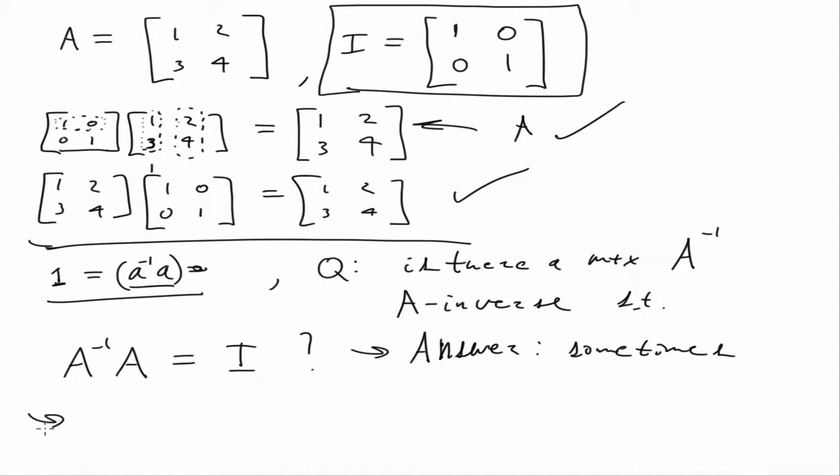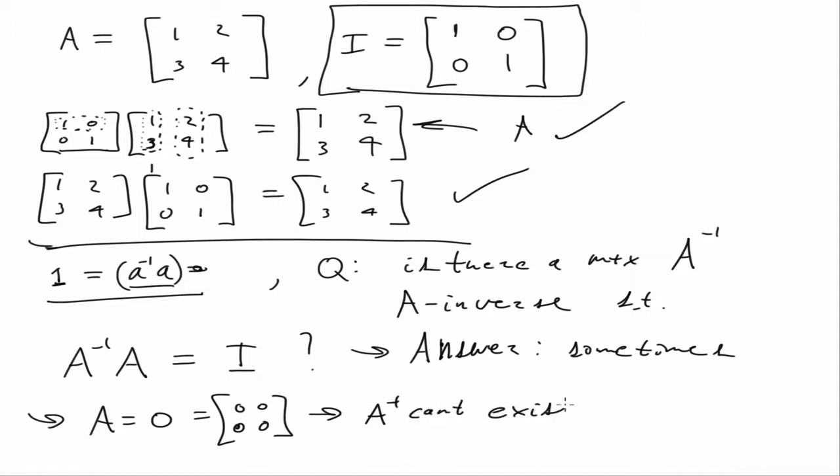So the first case, of course, is what if A is the 0 matrix, so it's equal to 0, 0, 0, 0. Well, clearly, in this case A inverse can't exist. If I multiply the 0 matrix by B, I always get back out the 0 matrix.